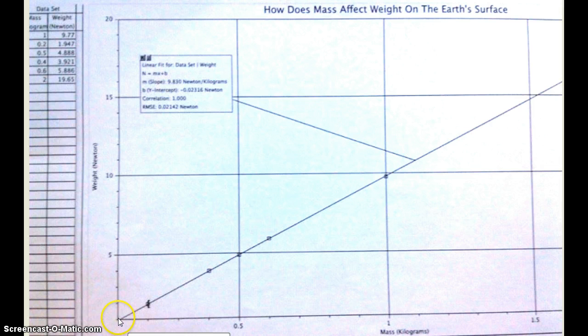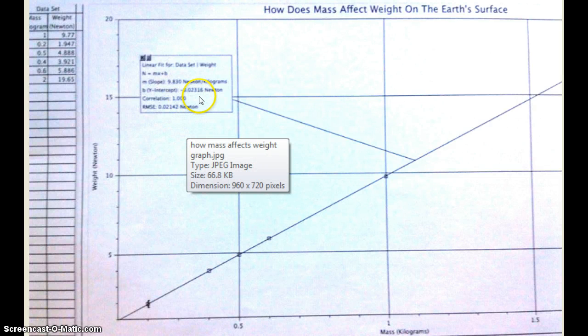Apparently, you need a mass to have weight. You need to have mass in order to have force acting on that mass. It's just like that.